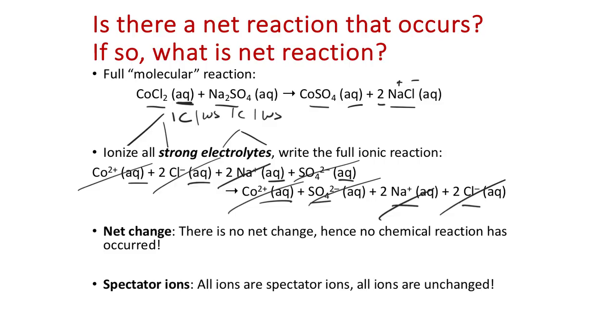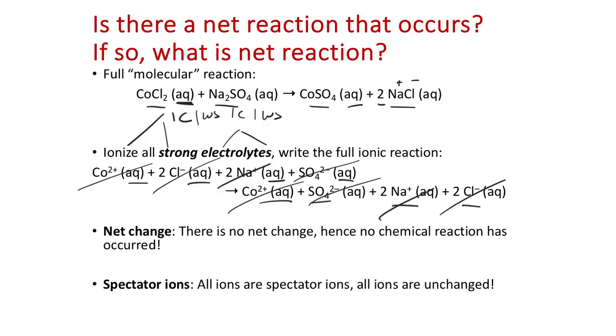So we could start with a solution of cobalt chloride in one beaker, a solution of sodium sulfate in another beaker, mix them together, and maybe think that there's a reaction taking place because I wrote that full molecular reaction. But as soon as I put AQ tags on everything, I know I'm just going to have a collection of cations and anions that are all just mixed together, where there's no actual chemical change taking place. So there's no net change, hence no chemical reaction taking place.